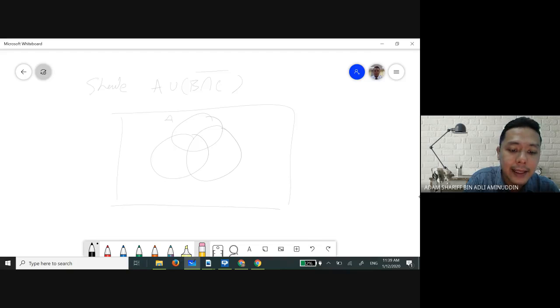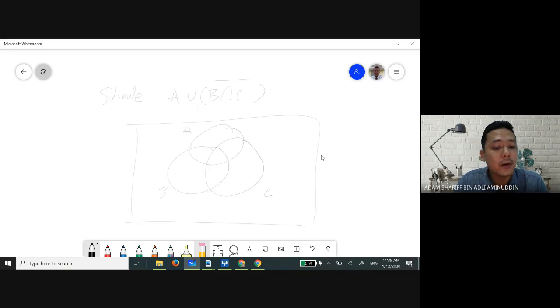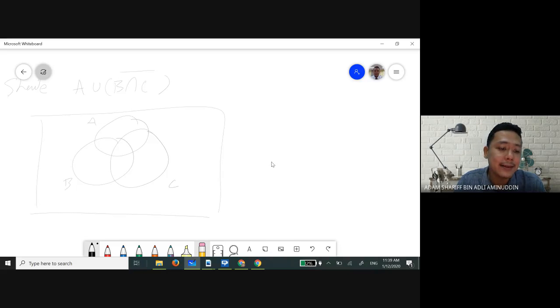Okay, A, B and C. Okay, this one is a little bit more complex because it involves 3 sets, but don't worry. If you follow this one, you will have 8 regions.